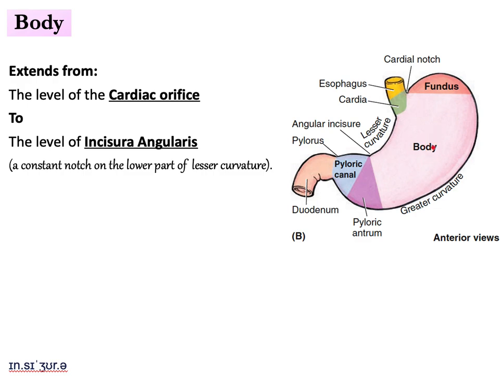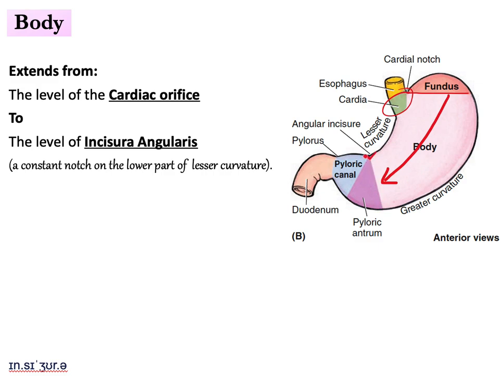And what about the body? Very simple. The body is the largest part, as you see, and it extends from the level of the cardiac orifice all the way until you reach this point, which is the beginning of the pyloric part.